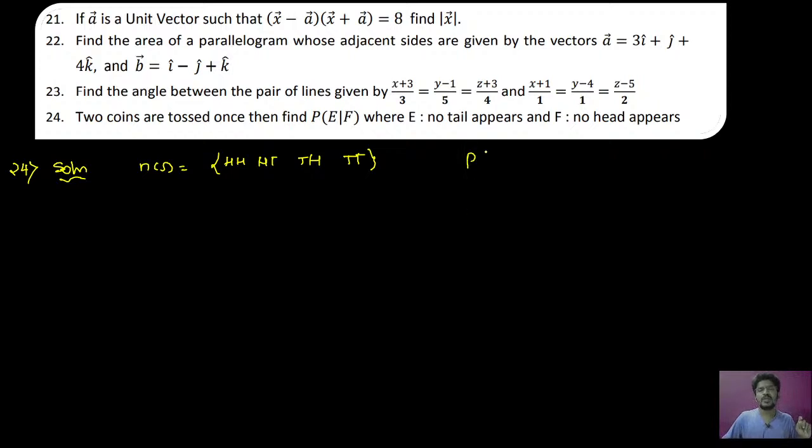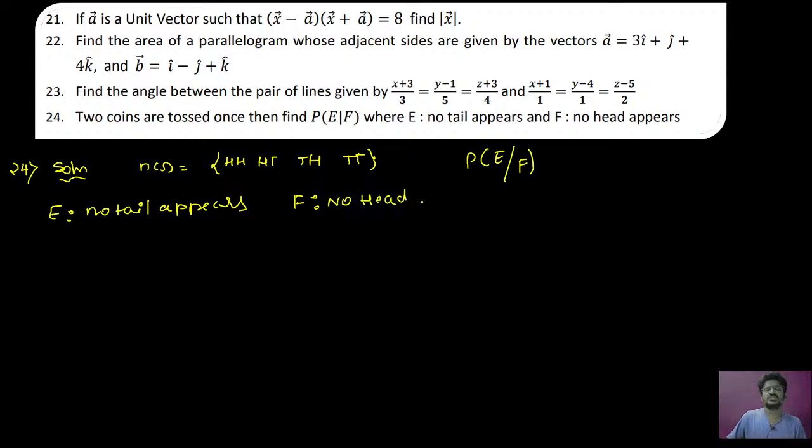Find the probability of E given that F has occurred. So now, what is E? First you understand. No tail appears. Very good. What is F? No head appears. Very good.